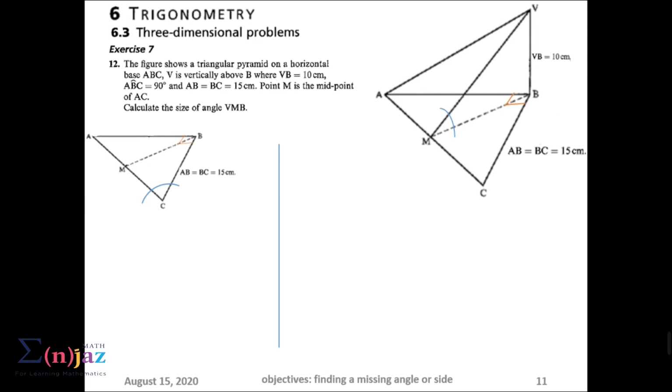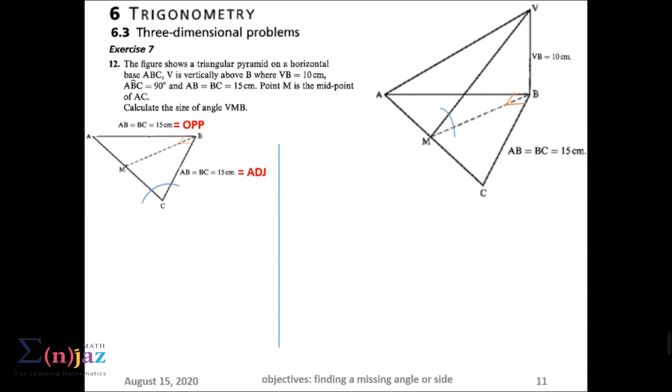If two sides are known, AB and BC, then I can find the unknown angle, which is ACB. Based on the unknown angle, this is the opposite side and this is the adjacent side, which makes AC the hypotenuse because it is right across the right angle.